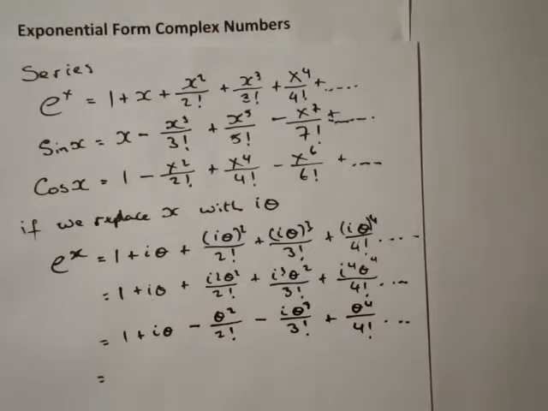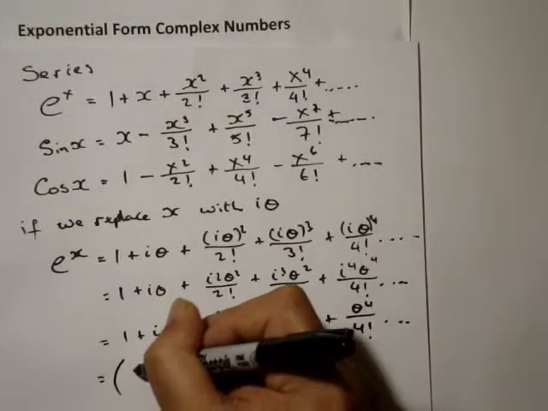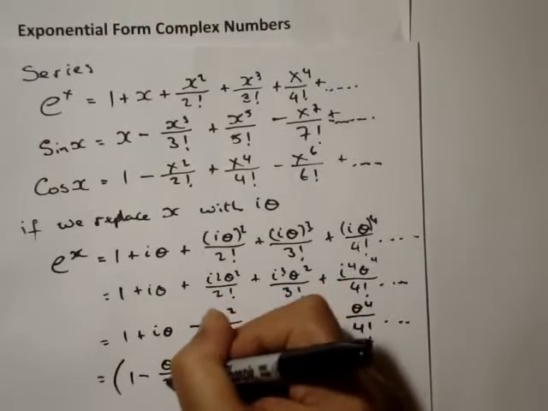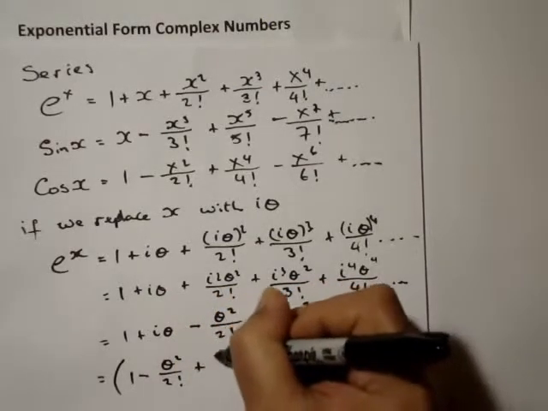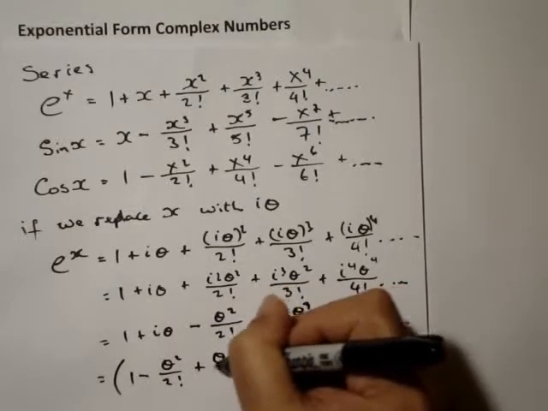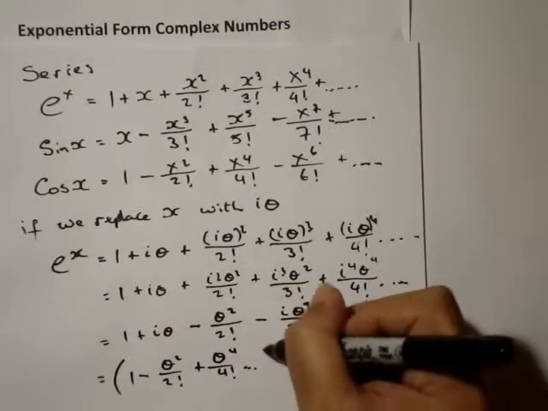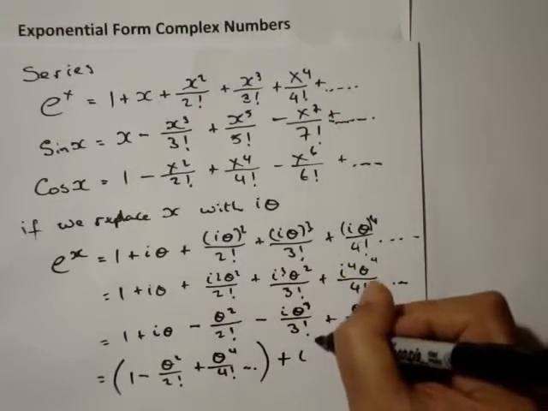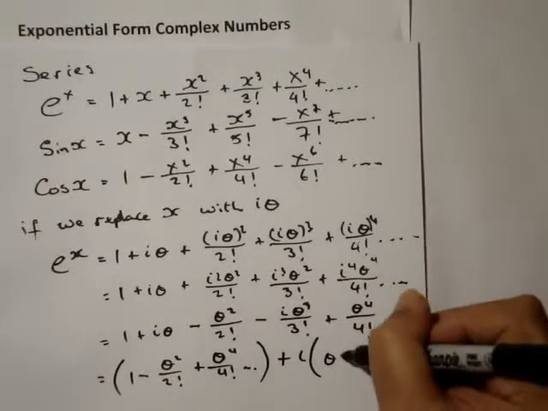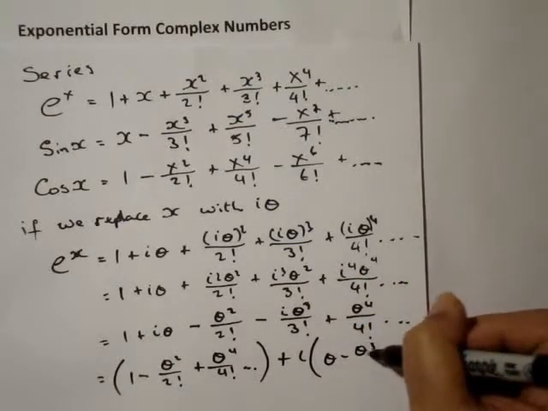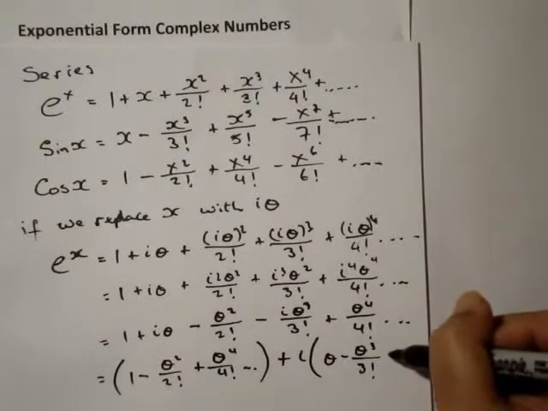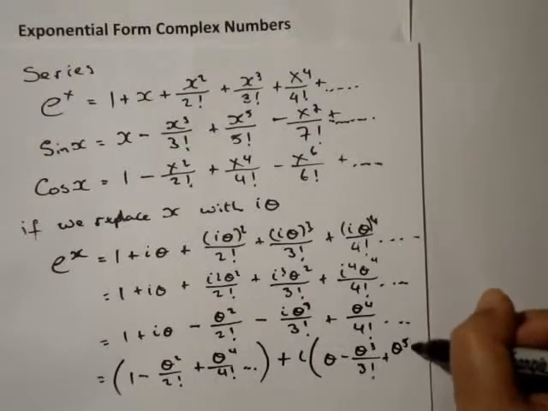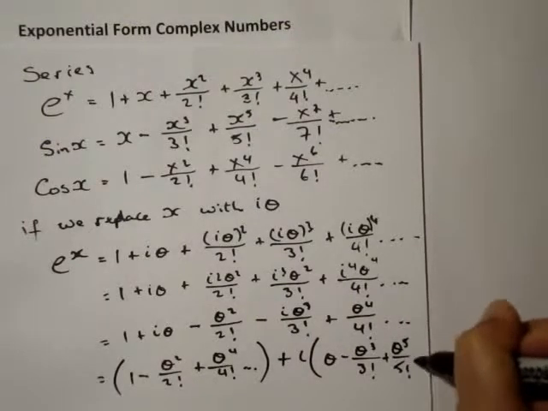Now the final step, we can write this as 1 minus theta squared over 2 factorial plus theta to the power 4 over 4 factorial, and so on, and we add i theta minus theta cubed over 3 factorial plus theta to the power 5 over 5 factorial, and so on.